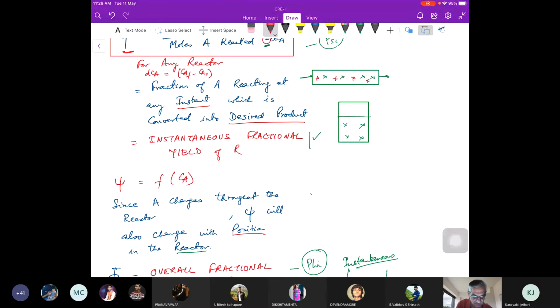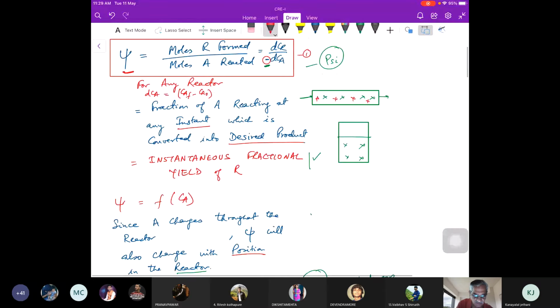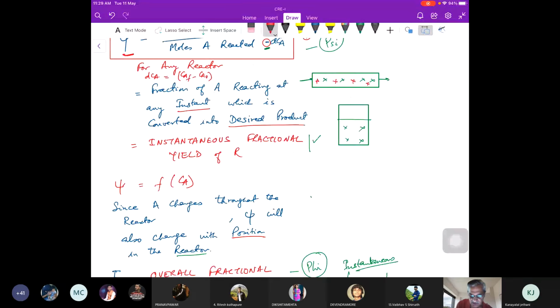So psi is a function of Ca. That means ये जो देखा हमने. Since A changes throughout the reactor, psi will also change with position in the reactor. This is especially TFR. MFR में इतना नहीं होगा, but MFR में हो सकता है because it's not perfect, right? Perfect mixing कभी नहीं होता है MFR में भी. So concentration can be different at different places.